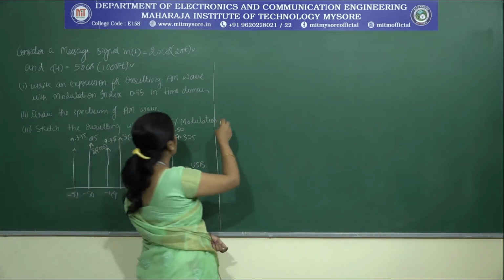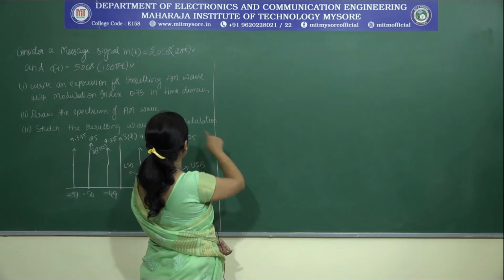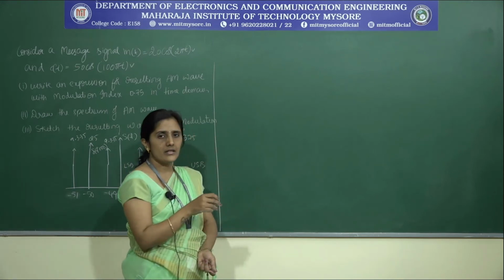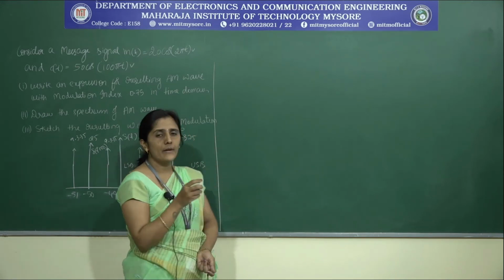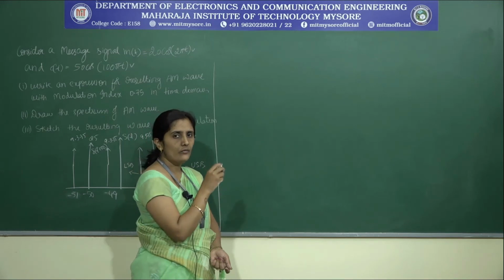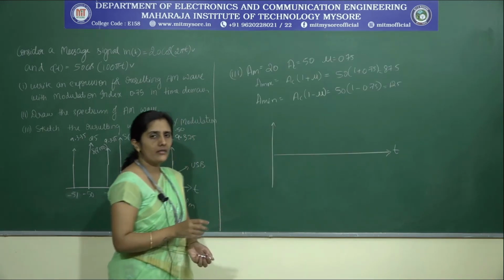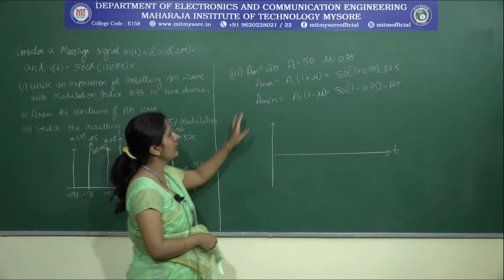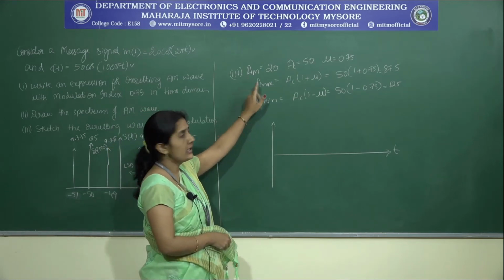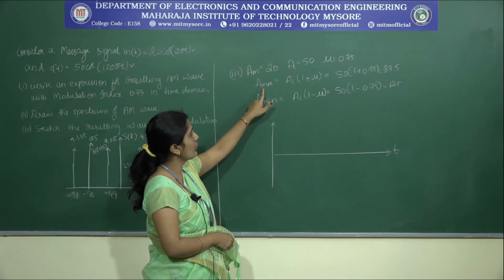Now, in order to write the waveform for the modulation index 75%, whatever values we have got, you have to first write them down. So, after considering the values here, Am is equal to 20, Ac is equal to 50, mu is equal to 0.75.